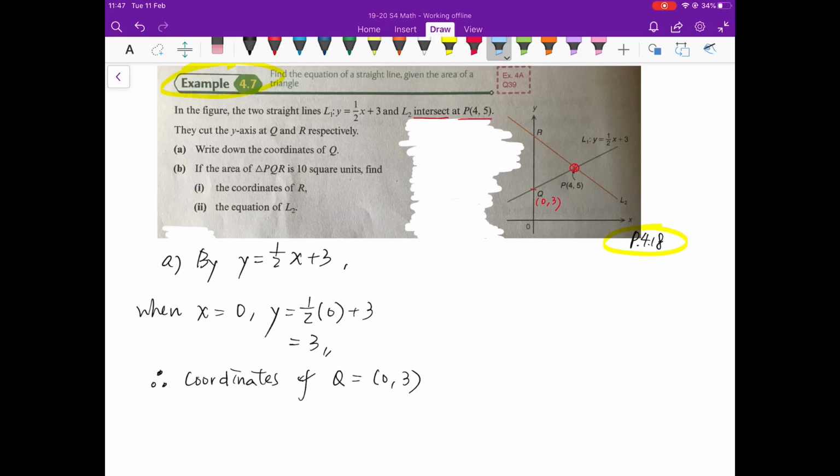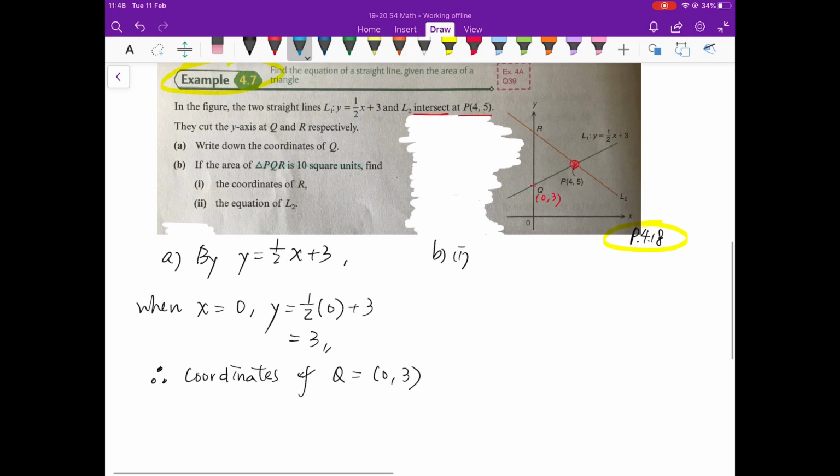Okay, then for part B, it is given that the area of triangle PQR is 10 square units. B1 asks you to find the coordinate of R, and B2 asks you to find the equation of L2. So for B1, let's take a look at the figures again.